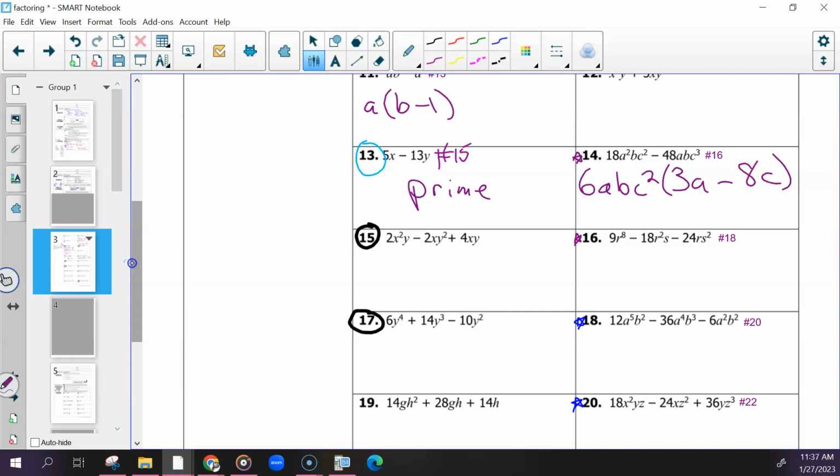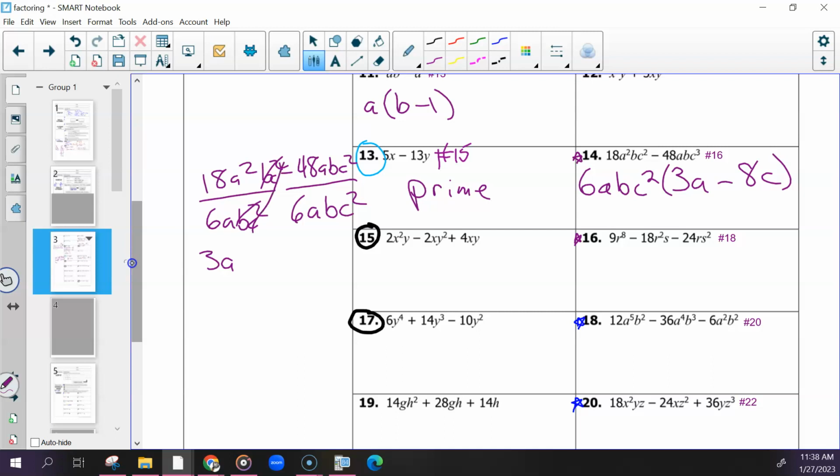So, doing that over here, just in case you missed it. 18 divided by 6 gave us 3. There were 2 a's here. One of them came out, so 1 was left. The b squareds completely went away. I'm going to put c squared here, and then the c squared completely went away.